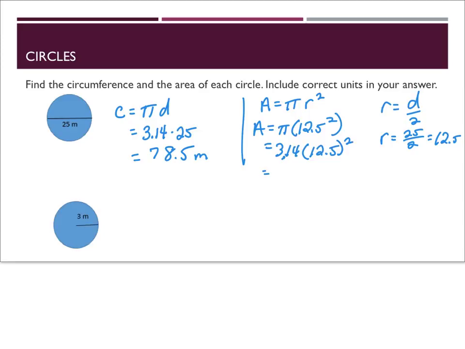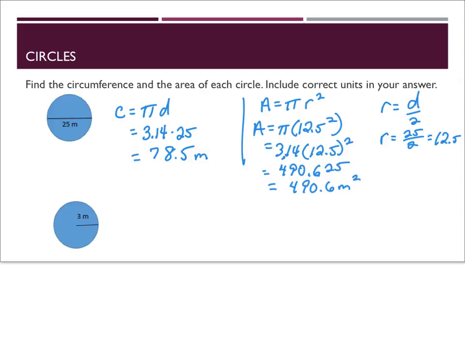We'll usually round these answers. This is 490.625. You can round that off to wherever you're told. If we round it off to tenths, that would be 490.6. And since we squared our radius and our radius was in meters, our unit is square meters.